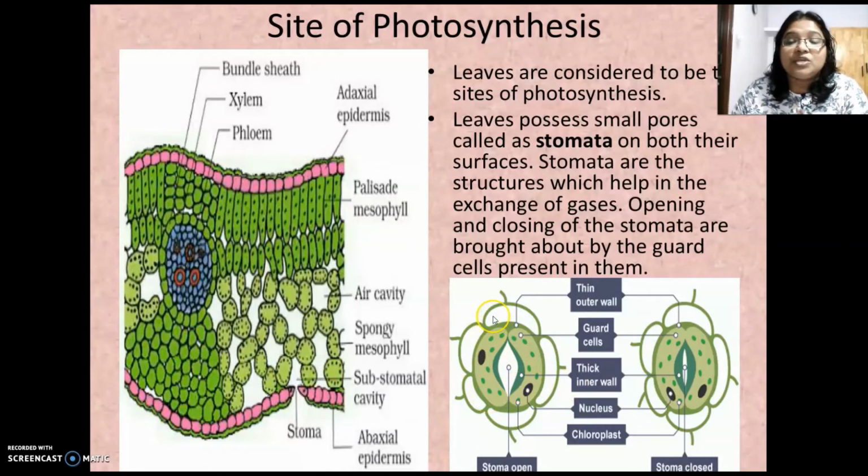And here you could see that during daytime, the stoma opens. You know how? During daytime, the process of photosynthesis occurs. So the glucose molecule gets accumulated. And glucose is a solute. So more solute concentration during daytime. As a result, what happens, as you learned in ninth class, the process of endosmosis takes place.